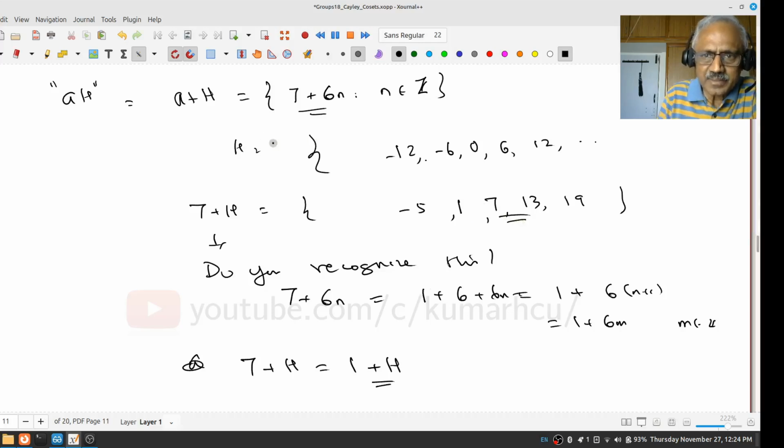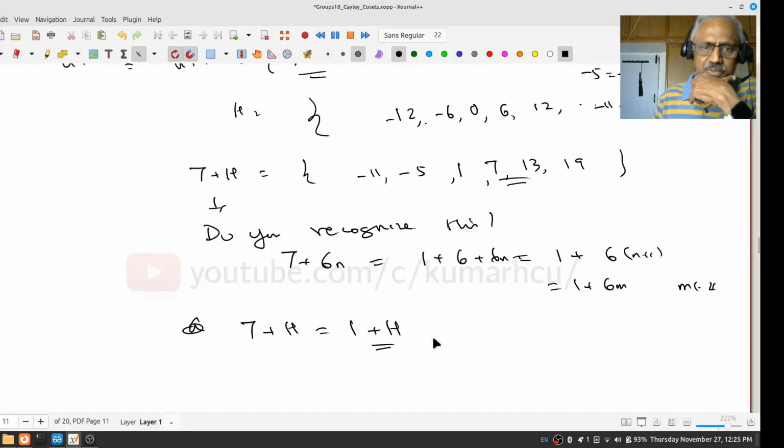When you divide by 6, they all leave remainder 1. 13 divided by 6 will have remainder 1, 18. And minus 5 will be 1 plus minus 1 times 6, because I have minus 6 but I want only minus 5. And similarly, minus 11 will be minus 2 times 6, but it's minus 12, therefore I have to add 1. You understand? Therefore, this is the set.